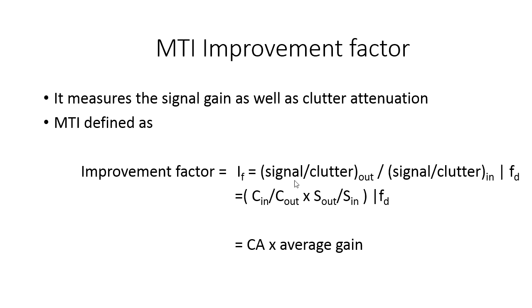If I substitute signal as S out and clutter as C out, similarly signal as S in and clutter as C in, and rearrange that equation, I can express it in terms of clutter attenuation into average gain.